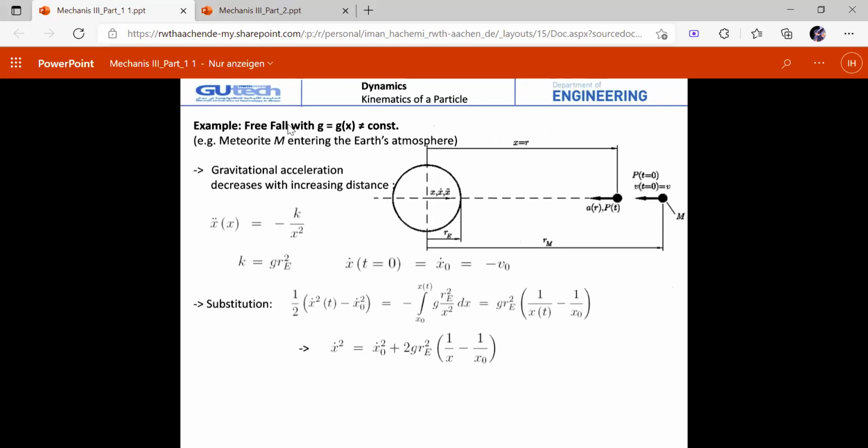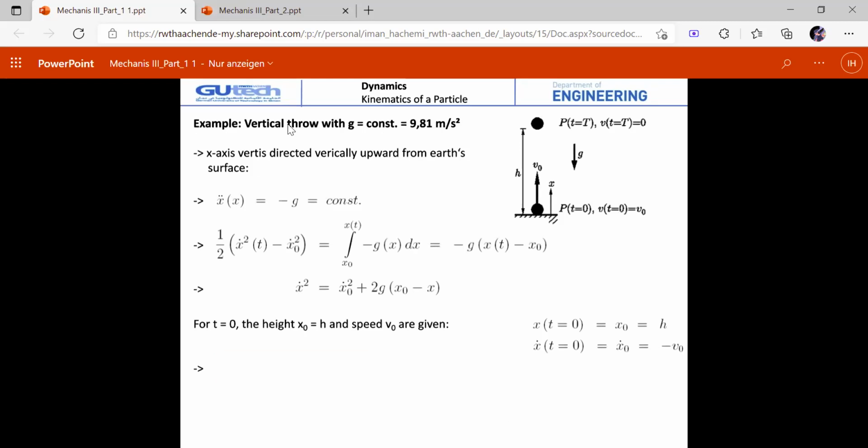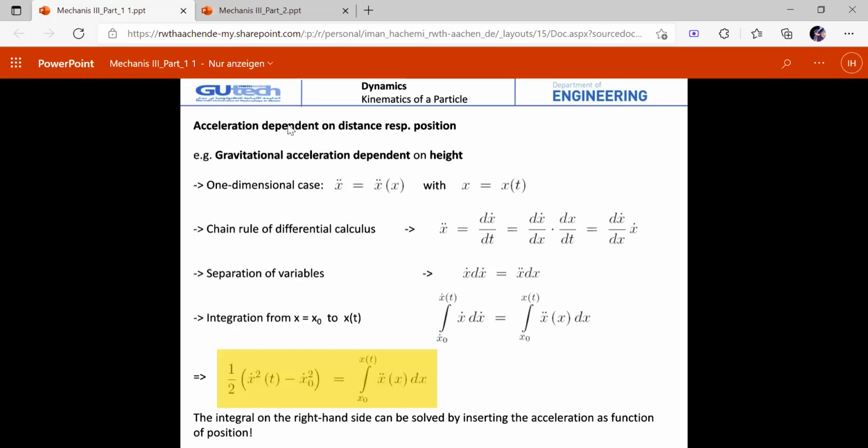For example, the acceleration depends on distance or position. In this case, for example, gravitational acceleration depends on the height. So we have x double dot, which depends on the position x, and x depends on time.